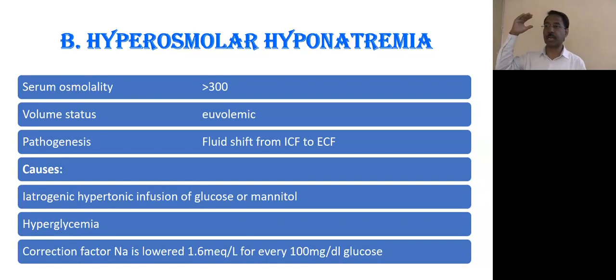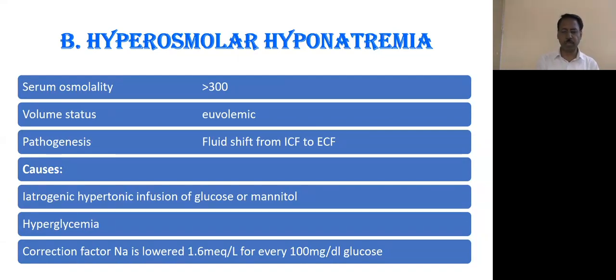Again, remember these are effective osmoles, right? So effective osmoles are, we talked about glucose being one of them, and other things. During surgeries, TURP surgeries, they may put some things like glycine, and other things can also contribute to the osmoles. So when these osmoles go up, your osmolality goes up, whereas the sodium as measured would be low.